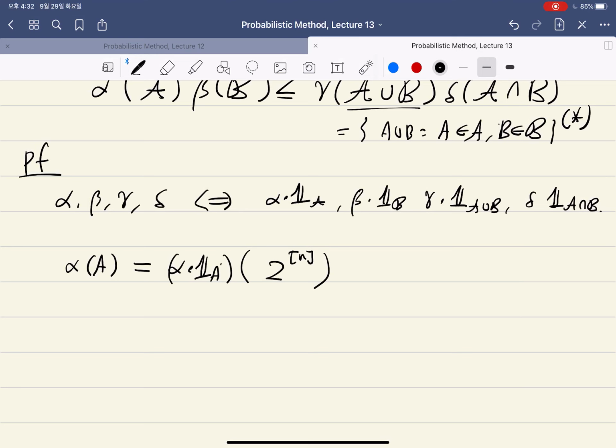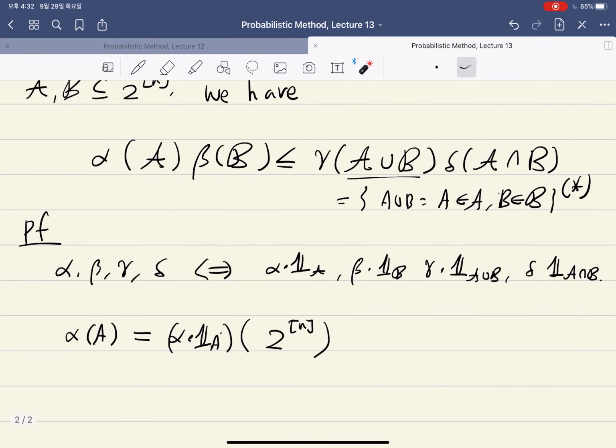So if you consider the collection of every subset, let me write it again to make it more obvious that it's calligraphic A, then these two have the same value. So for each of these four, the same relationship holds.